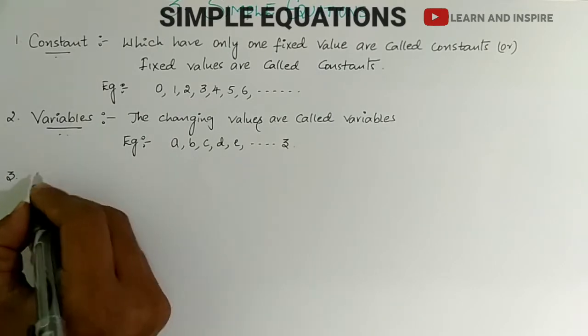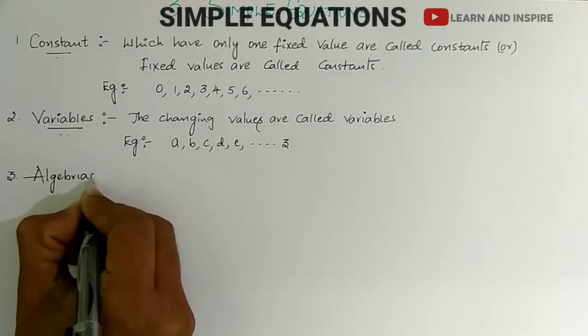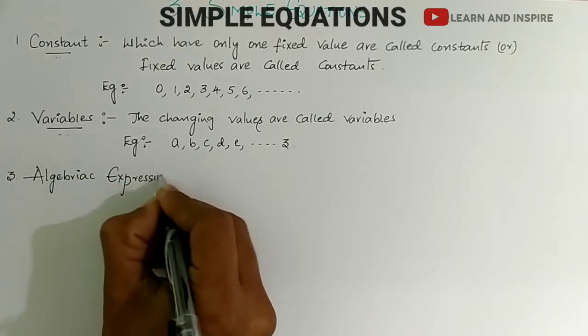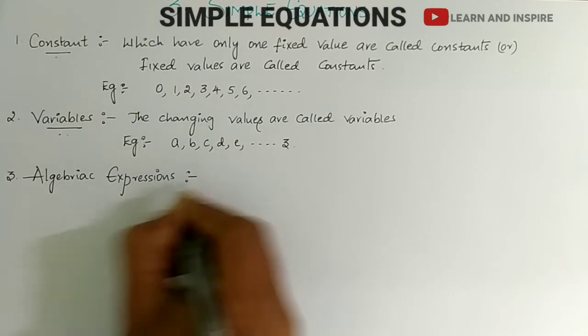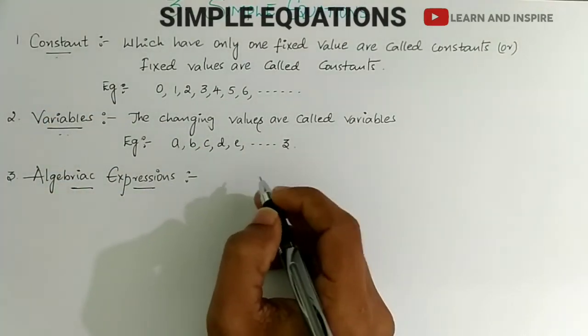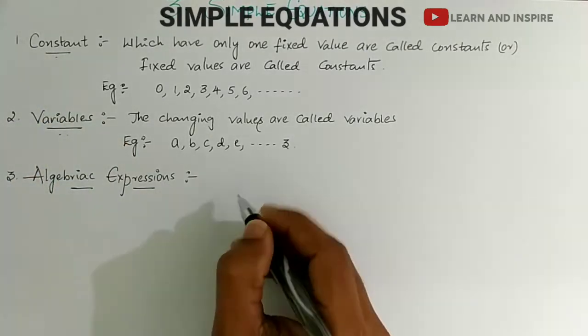Next one we shall discuss is about algebraic expressions. So what are algebraic expressions? The combination of constants and variables. Combination of constants and variables are called algebraic expressions.